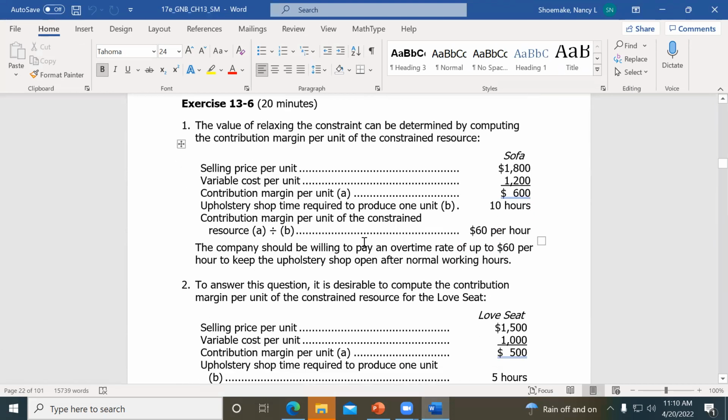So what we would do, here's the selling price, here's our variable cost with our contribution margin. It takes 10 hours to produce one sofa. So they don't want to pay more than $60 an hour or they're going to lose money. Make sense?